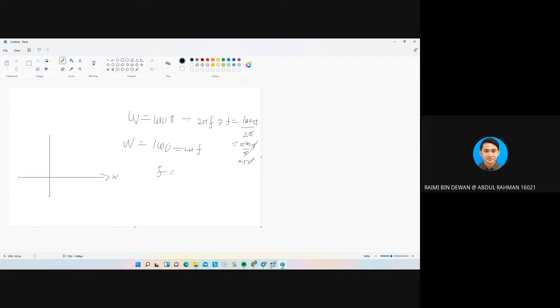Okay, so how about this one? You have f equals 1000 over 2 pi, so it is 500 over pi. Okay, if you notice, f1 and f2 are not the same.